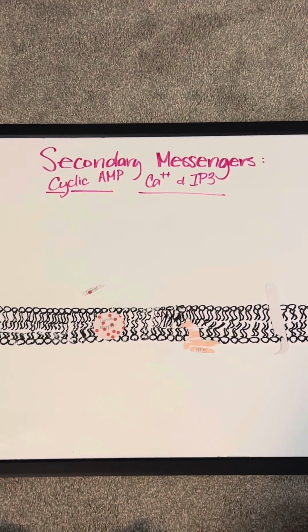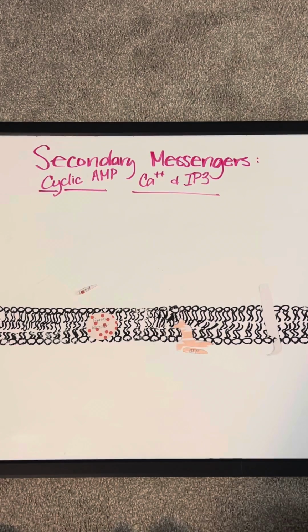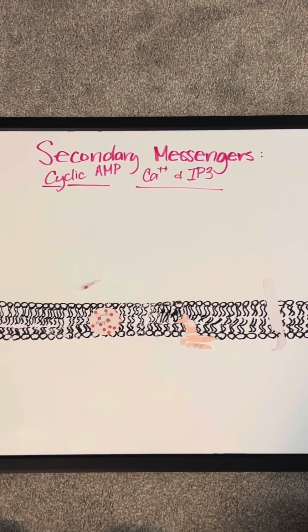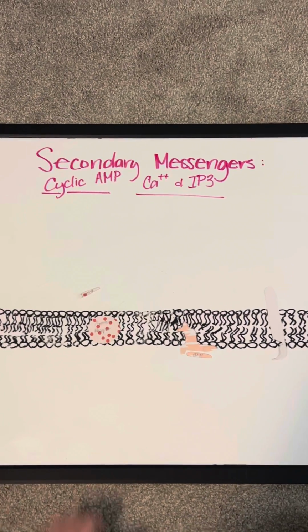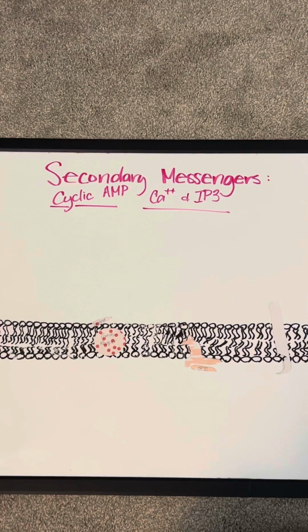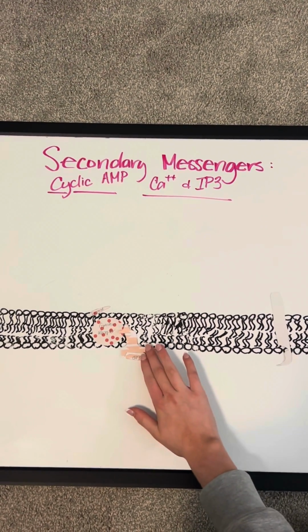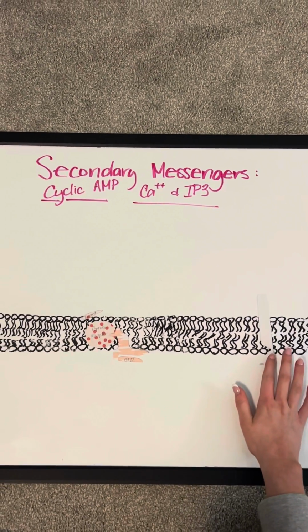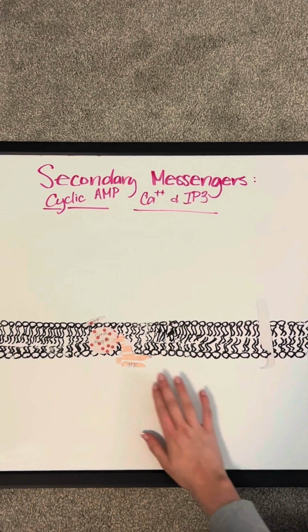The next thing that we're going to talk about is the secondary messengers, which includes cyclic AMP. For this messenger, the ligand binds to the G protein receptor. When this happens, the G protein is able to bind to this, which also changes the shape of the receptor protein.